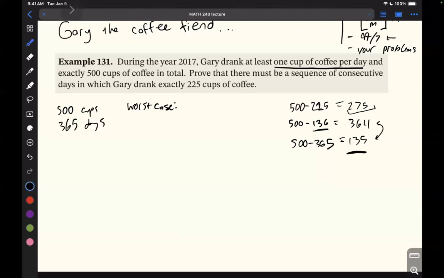So we're not limiting 225 to 1 day or 2 days. There's a sequence of days. And so in that notion, I don't know, it feels a little bit misleading.